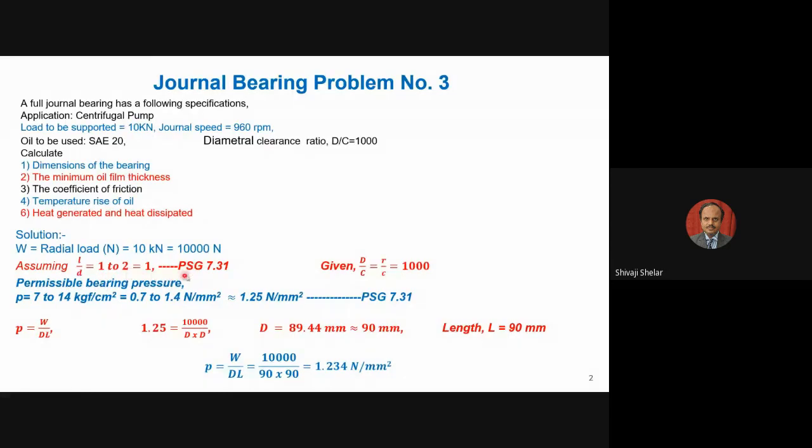Where will you get this? There is a table. So from the table you can get this value. This is PSG 7.31. So let's take this table also. You will come to know other applications on that table also.